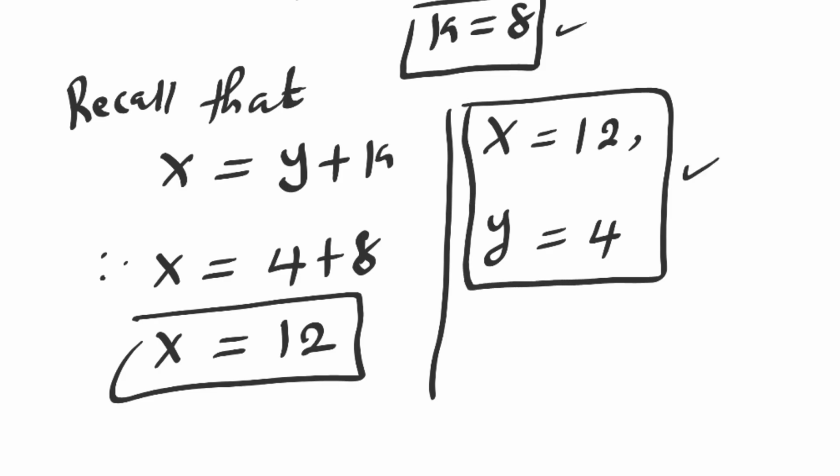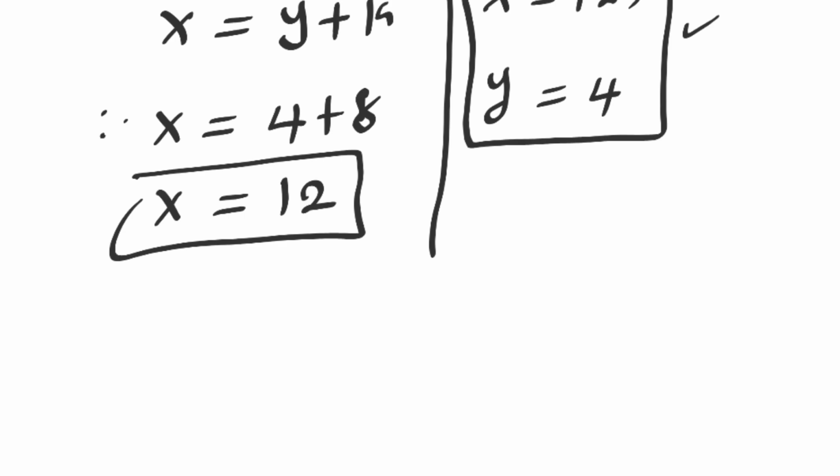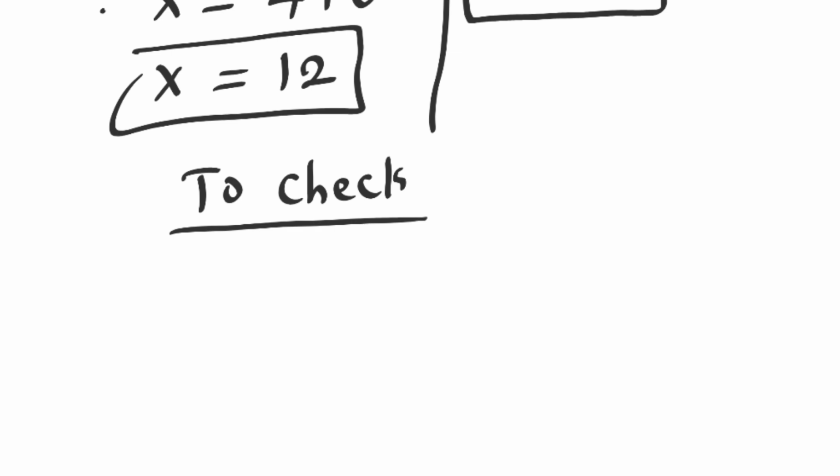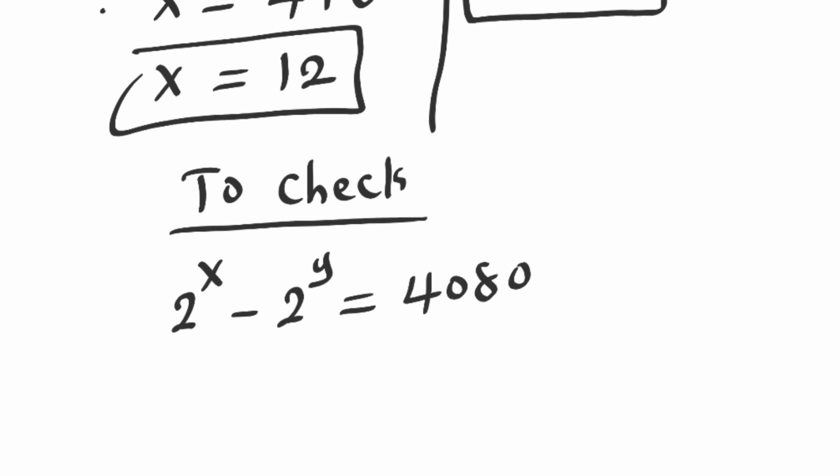We may check to confirm if this answer is right or wrong. Let us check. To check, we have the given equation 2 raised to power x minus 2 raised to power y is equal to 4080.